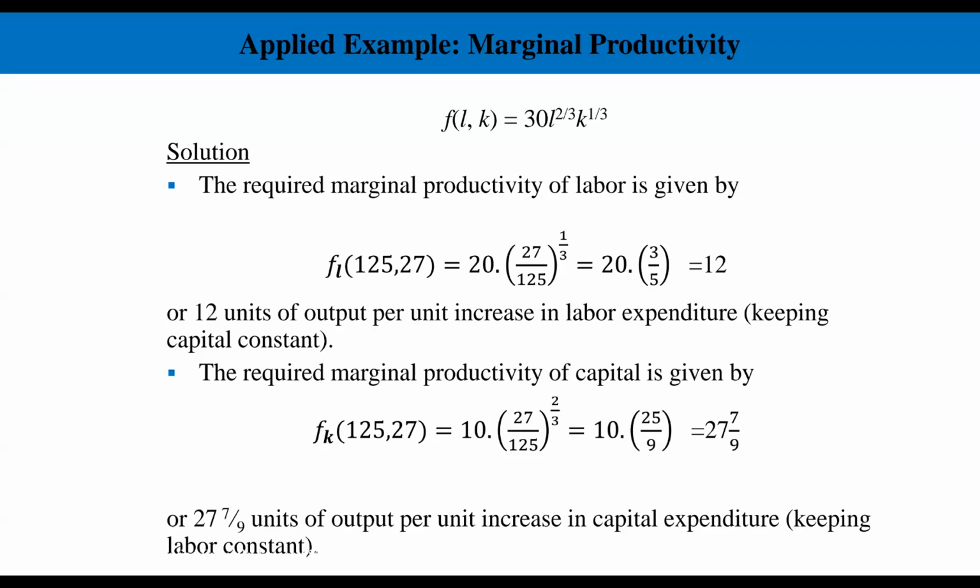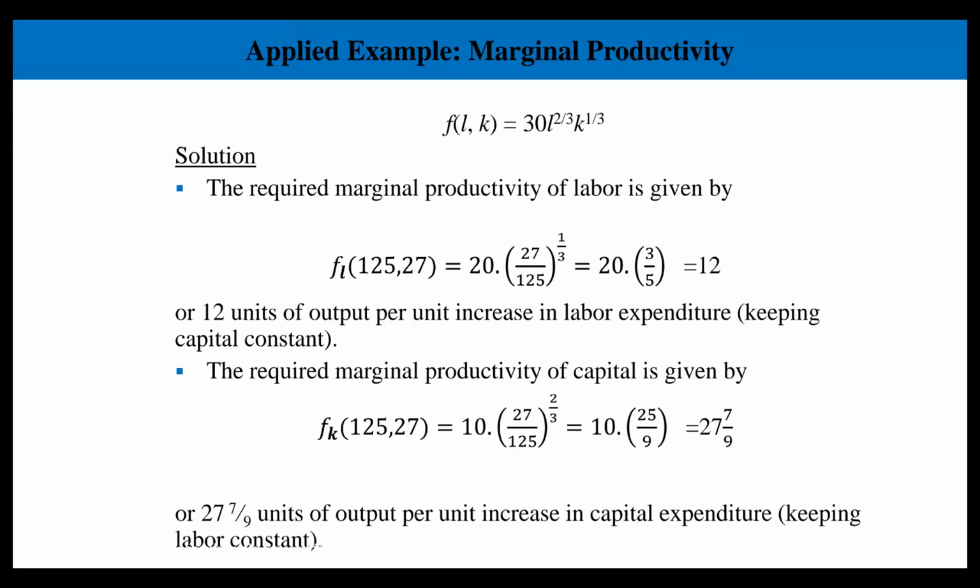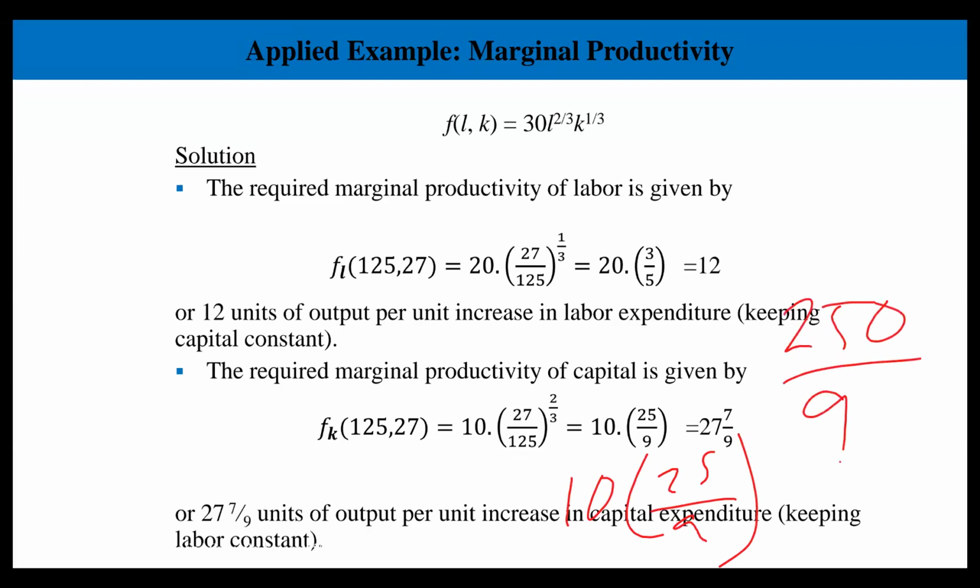You have 10 multiplied by 25 over 9. You can simplify this further if you are interested. It will be 250 over 9. If you want, you can write it as a mixed fraction, 27 with remainder 7 over 9.